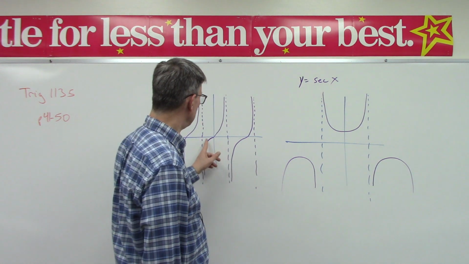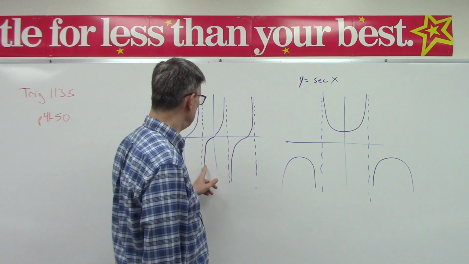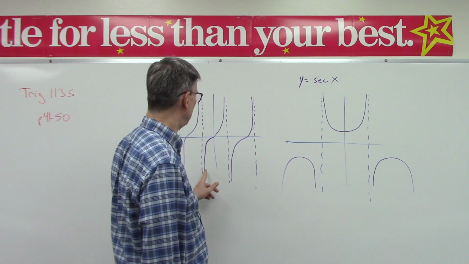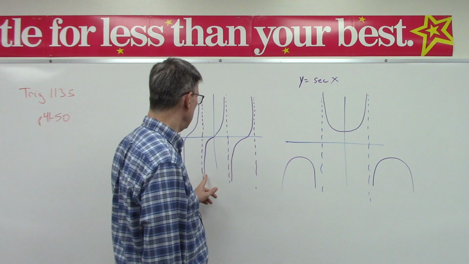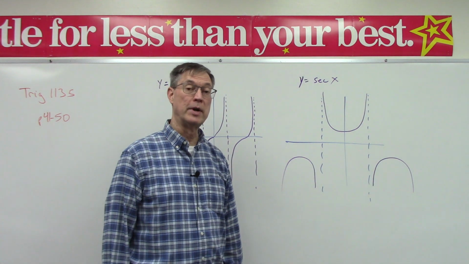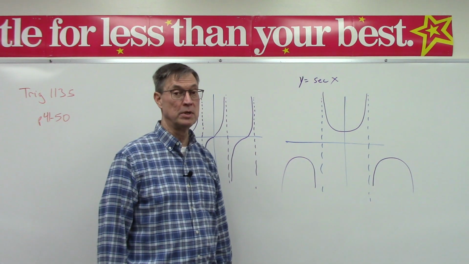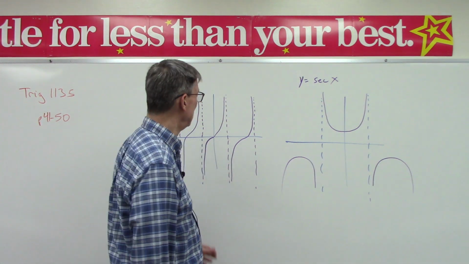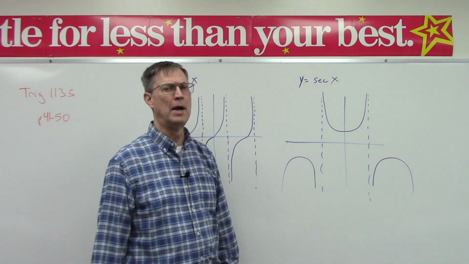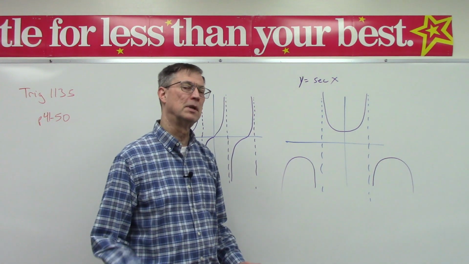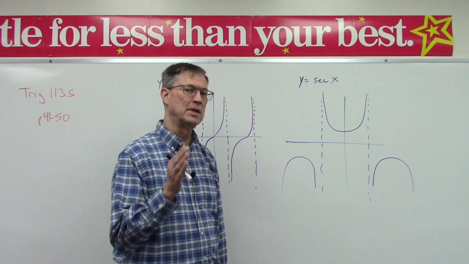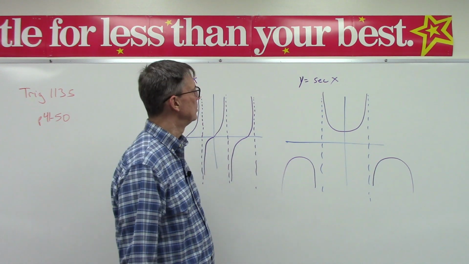And out here, as you're approaching this asymptote, these values for the y get greater and greater in the negative direction, approaching infinity in the negative direction, but they never actually touch that line. So that's what an asymptote means, it's a line that never gets crossed, it gets approached, but never touched.